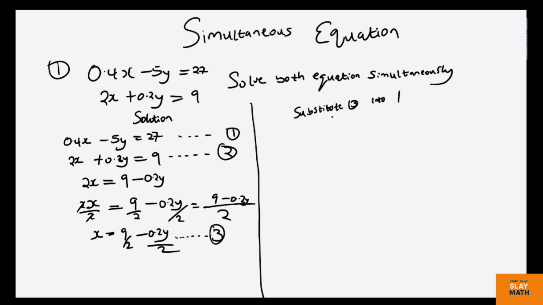So we have 0.4, and instead of writing x, we put the value of equation 3, which is 9 minus 0.2y all over 2, minus 5y equals 27.